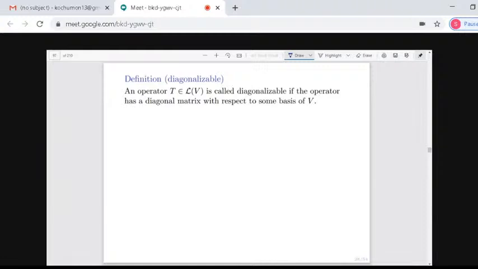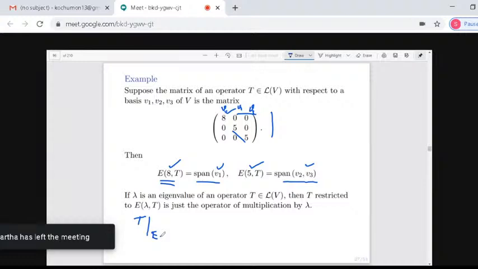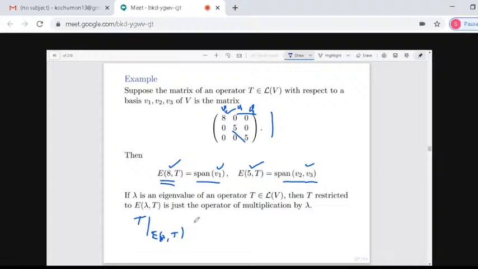So you can look at it this way: if you restrict T to E lambda T, that is what I have written as E lambda comma T, then T is actually nothing but a multiplication by lambda there. If you have the eigenvalue lambda and restrict T to that eigenspace, this notation is actually multiplication by lambda.